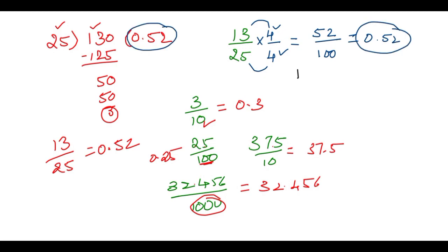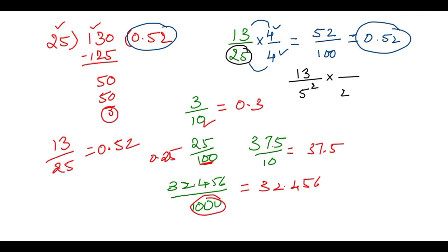Okay, so this is one model. So the best model to identify here, actually if we have 13 by this 25, we write it as 5 square. Okay, so how many 5s are there? That many 2s you can take here, like 5 square.